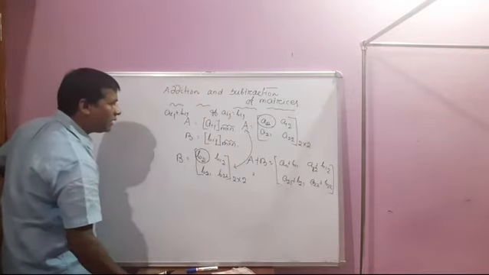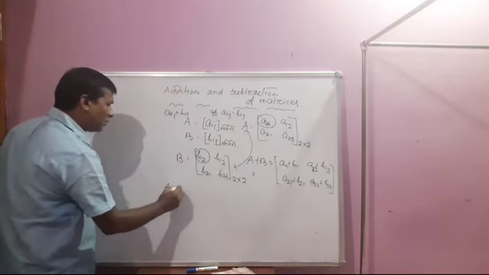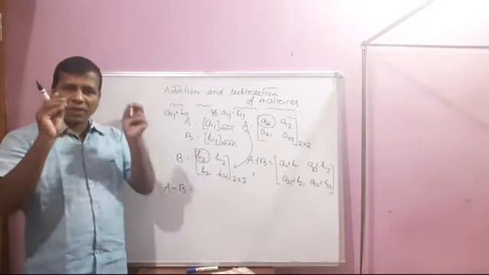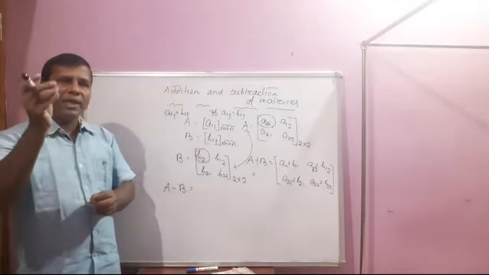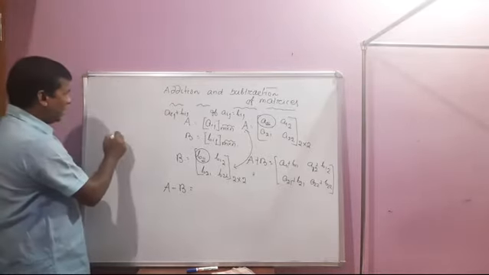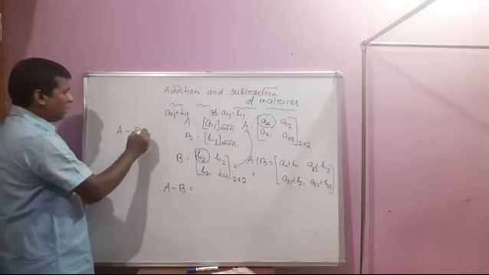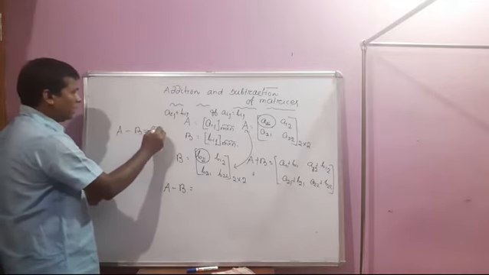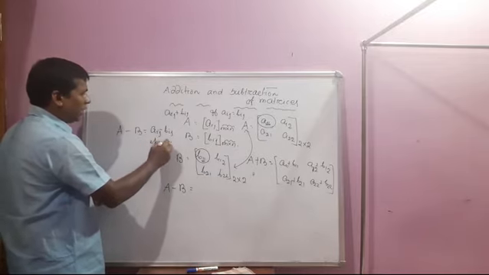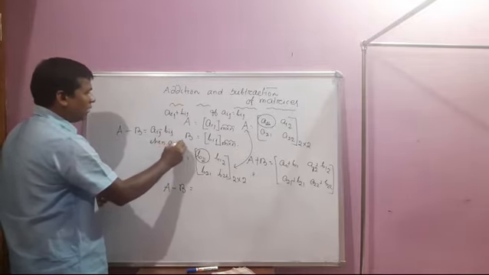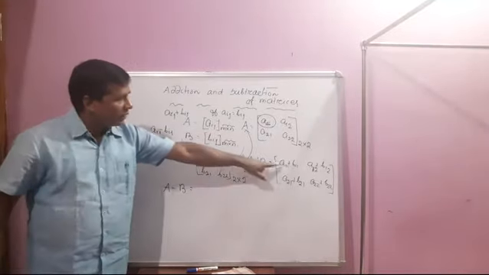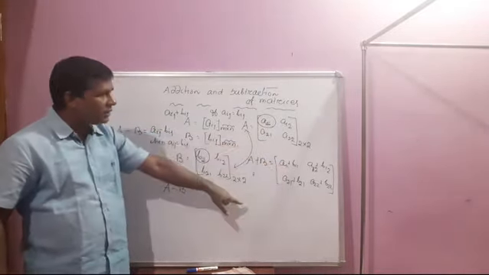Subtraction is also the same. Subtraction of two matrices is possible if they are also of the same order, and A minus B is equal to Aij minus Bij. The subtraction case has the same condition as addition.